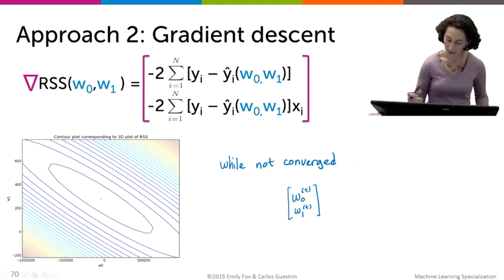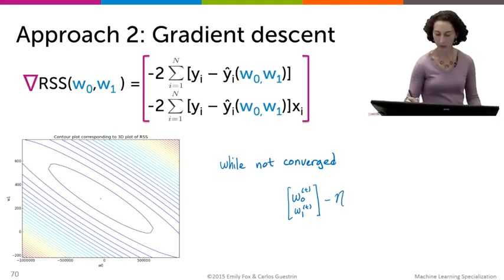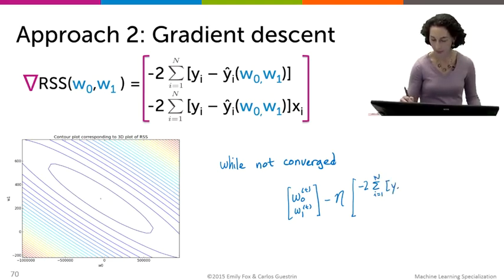Maybe I'll write it in two steps. So we're subtracting eta times the gradient, and what's the gradient? The gradient is minus 2 sum i equals 1 to n of yi minus yi hat of W0 at iteration t, that's the value I'm using to predict my observation i, and W1 at iteration t.